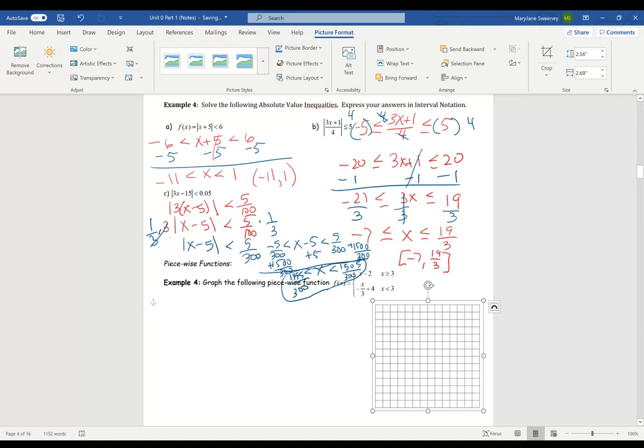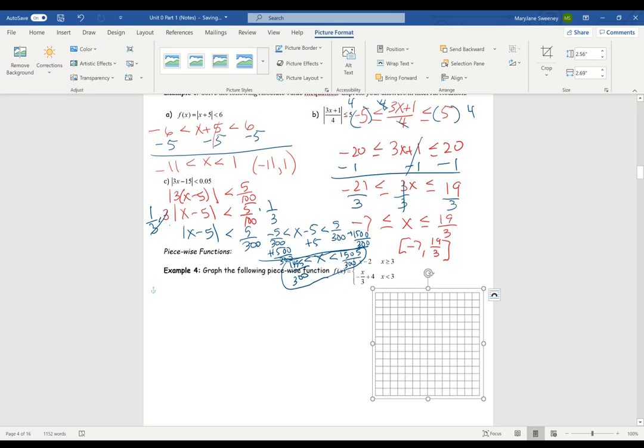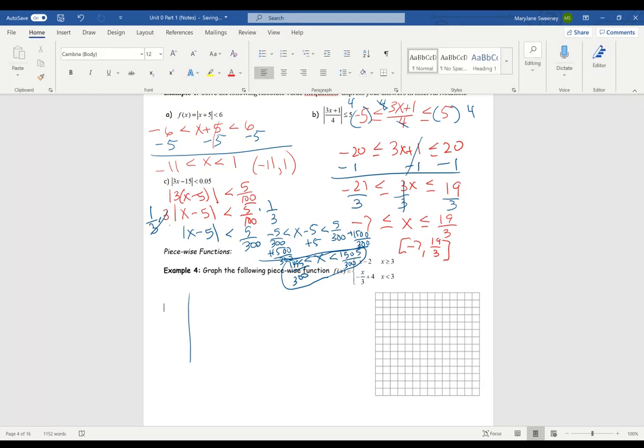Okay, so for graphing the piecewise function, f of x, which is y, is equal to x minus 2 if x is greater than or equal to 3. Sometimes people like to do charts for the piecewise functions. You don't have to.